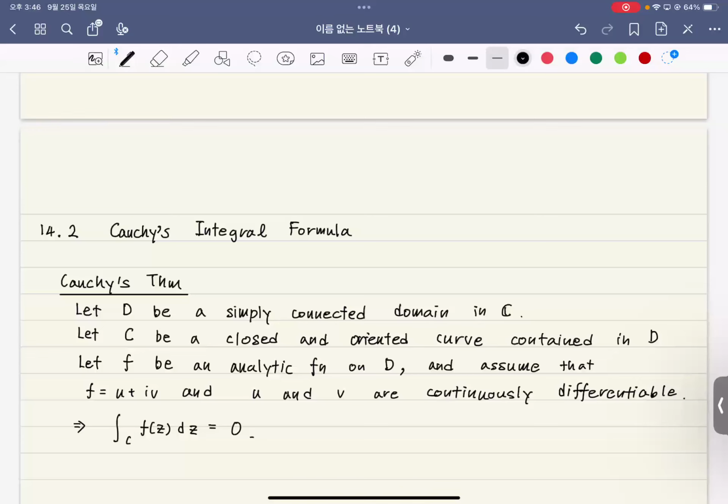So basically, as long as your function is analytic and your curve is, hold on, I think I need one more condition, one extra condition. I'm sorry.